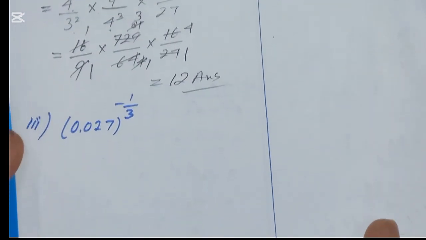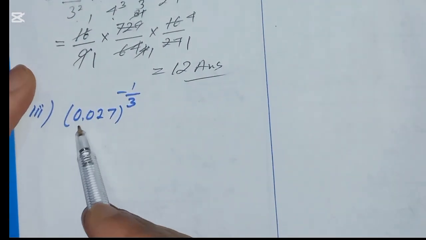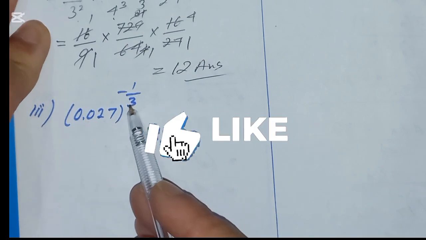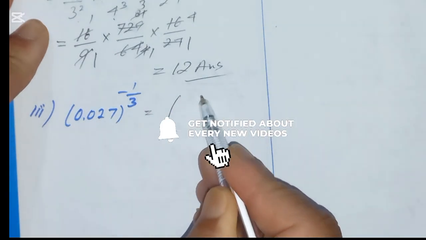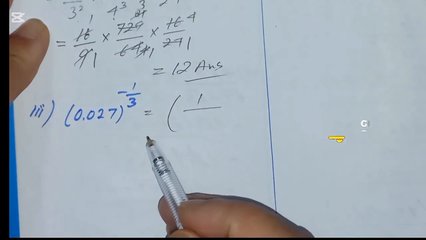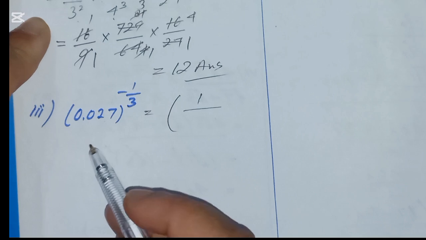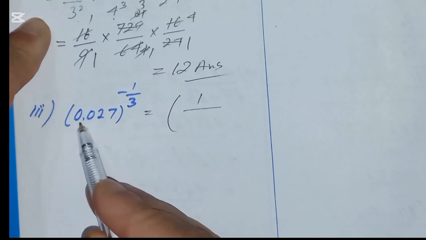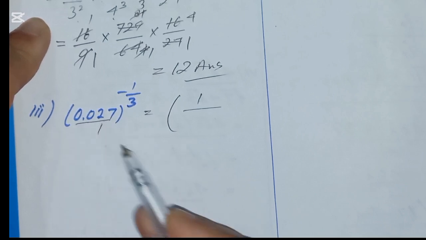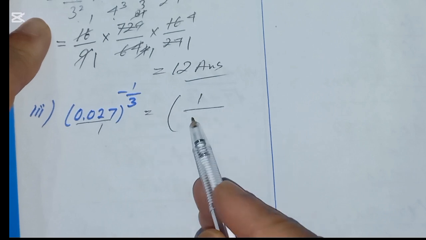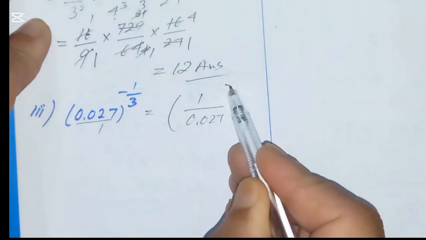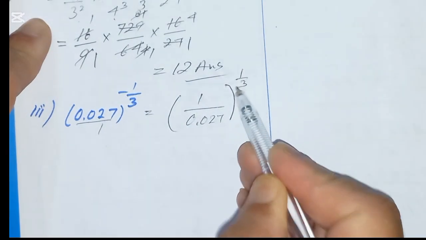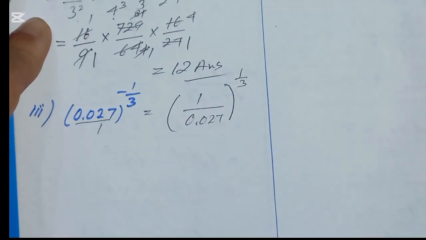The next part is the third part, bracket 0.027 whole power minus 1 by 3. This can be written as 1 by 0.027 by 1. If we write this 1 by 0.027, its power will become plus 1 by 3. The sign of its power will be changed.